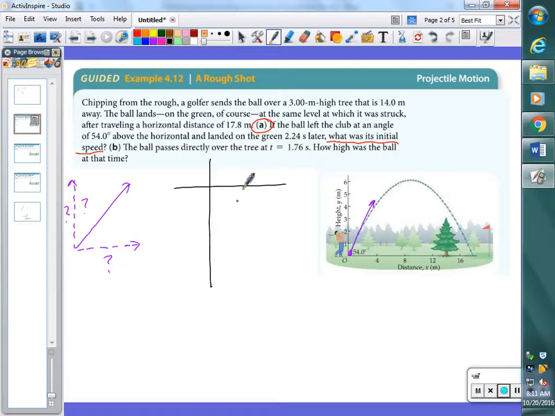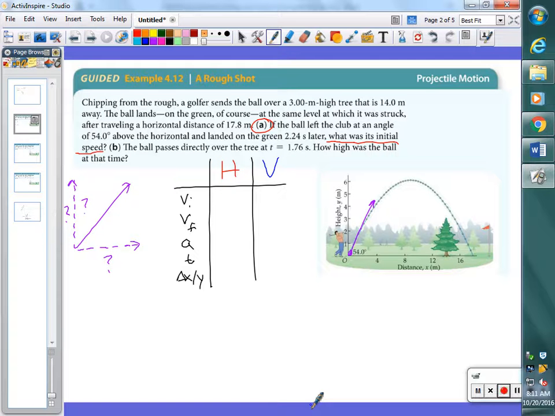First column, all of the things that we use to measure motion: VI, VF, A, T, delta X / Y. Second column horizontal, third column vertical. Okay? Good so far?